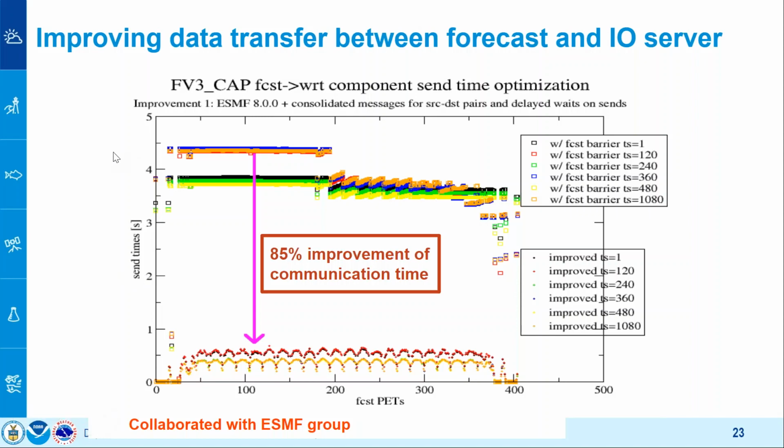For example, every transfer of about 40 GB data takes about 4.5 seconds, and we need to reduce that. They did some development work and achieved an 85% improvement of communication time. So with that data set, it eventually gets to 0.5 seconds for the transfer.